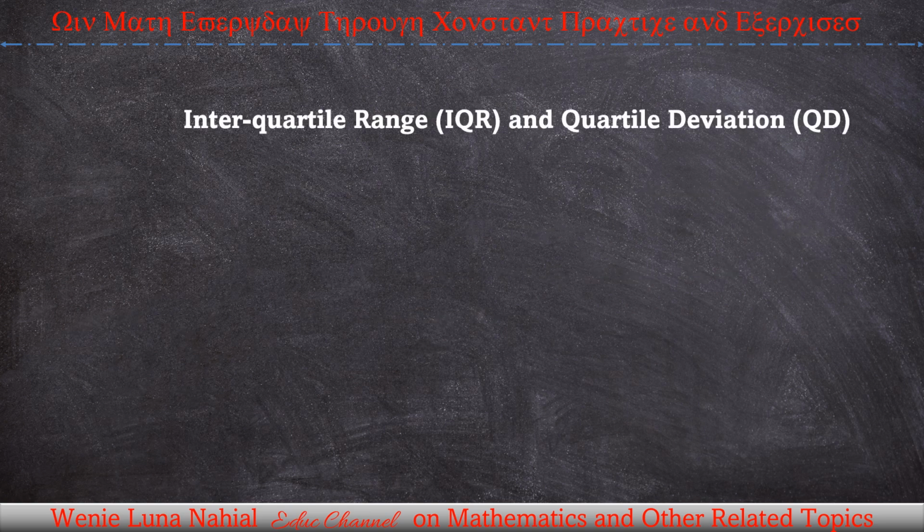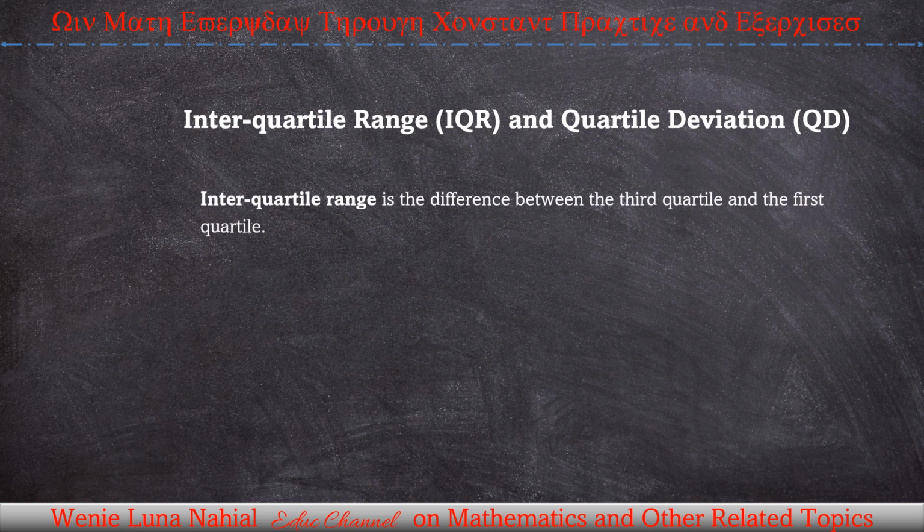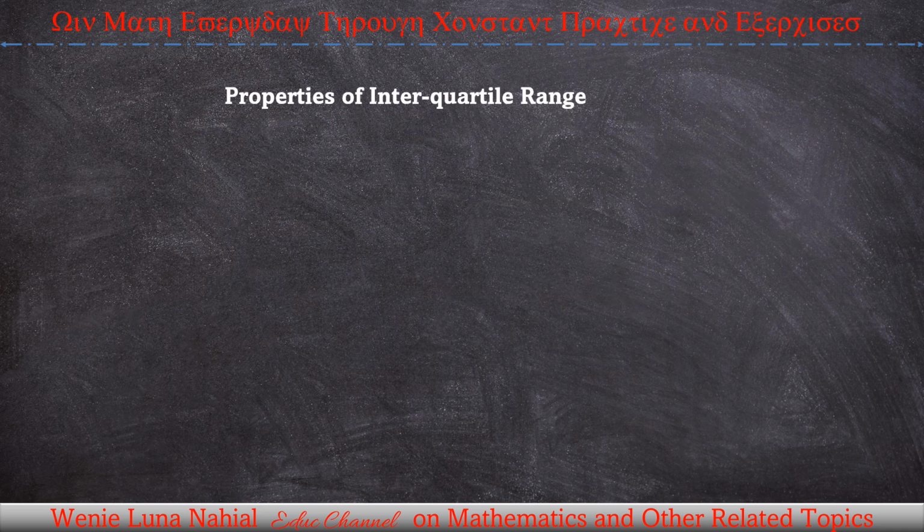Now, let's have the interquartile range, IQR, and quartile deviation. Interquartile range is the difference between the third quartile and the first quartile. So IQR is equal to Q3 minus Q1.